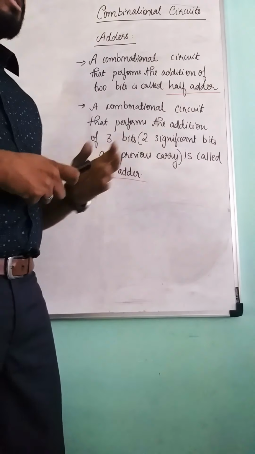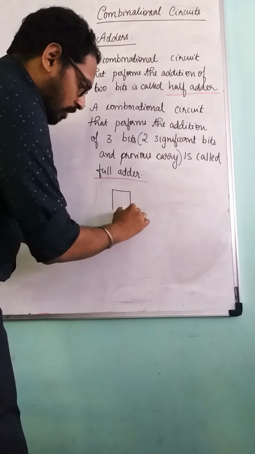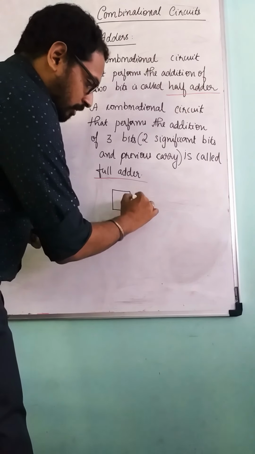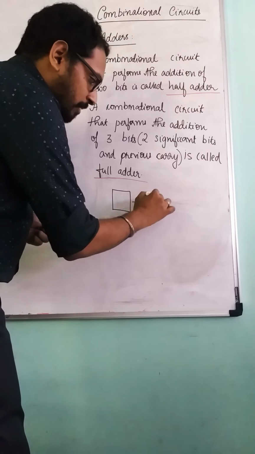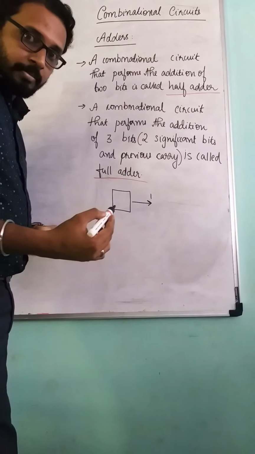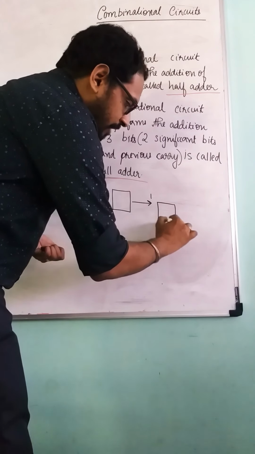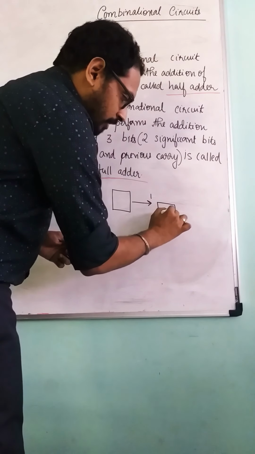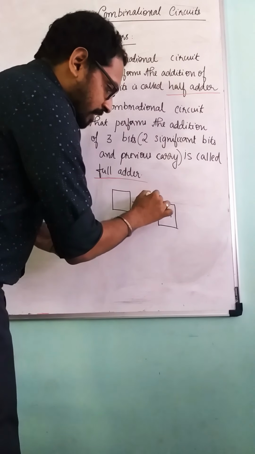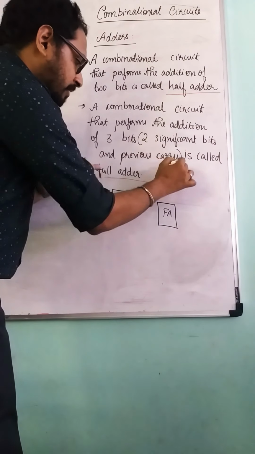In many circuits, the output of one circuit may be, for example, a bit, which may be propagated to another circuit. Say this is a full adder, and this is a carry.